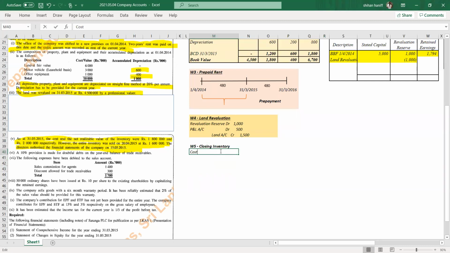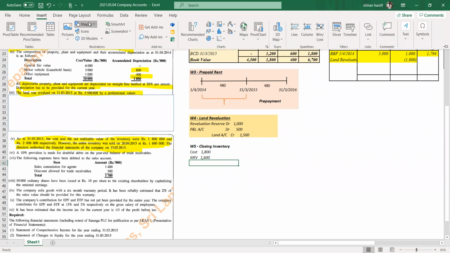Cost of the inventory is 1.8 million. But the net realizable value is 1.6 million. Therefore, there is a loss.